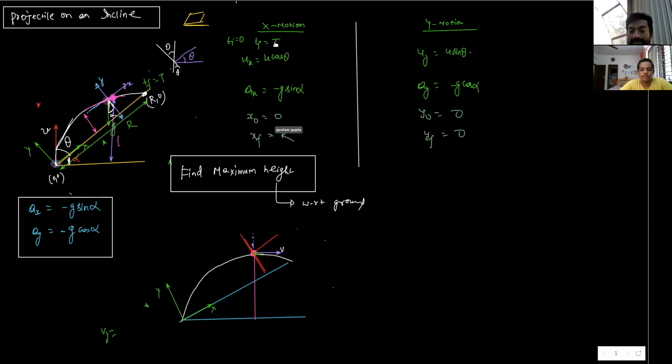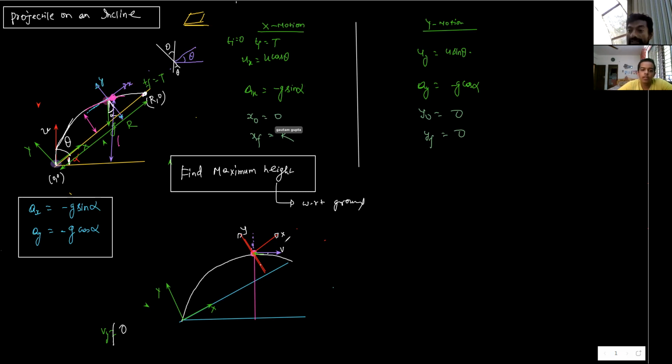So what I was telling you is that this is your x-axis and y-axis. Your Vy is of course not 0 because there is a component of V along the y-axis. So how will you find this velocity?